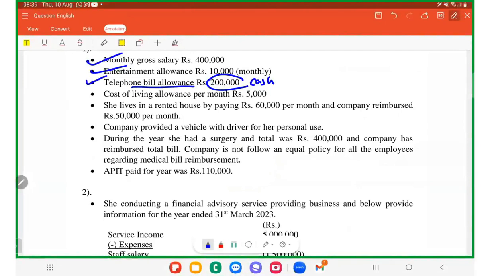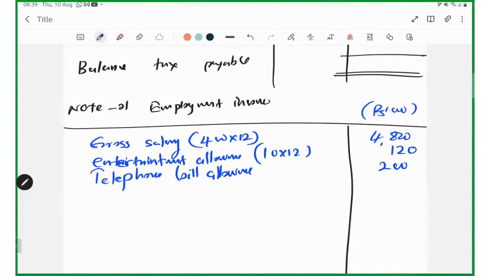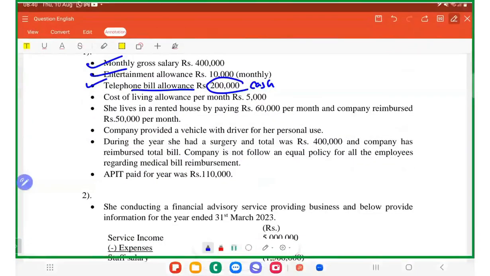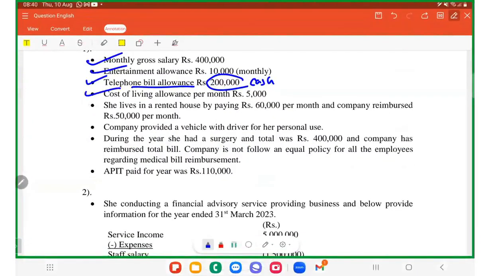Then cost of living per month is 5,000. That should be taken as part of employment income. Cost of living 5,000 into 12 means 60. And then she lives in a rented house paying 60,000 per month and the company reimburses 50,000 per month.